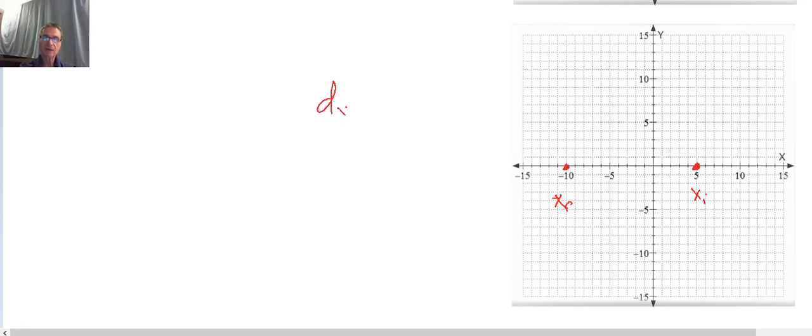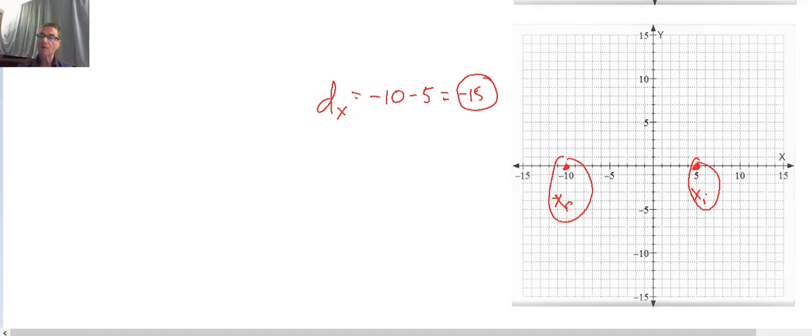It's going to be in the x direction, so I put a d with a little x here. It's going to be x final, which is minus 10, minus x initial, which is 5. X initial was 5, x final is minus 10. X final minus x initial is minus 10 minus 5, which is going to be minus 15 units, whatever those units are.